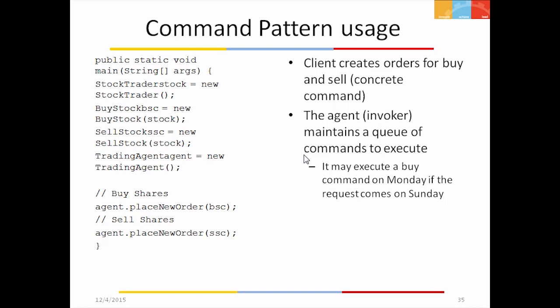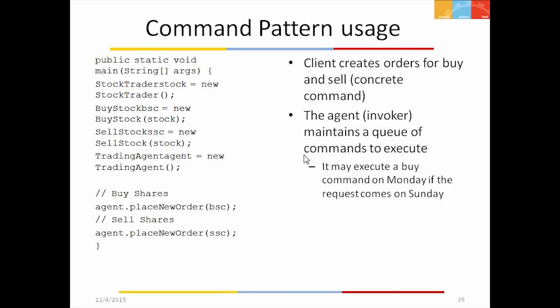You can place a command in the evening, and the trader remembers it and then executes it the next day. Or suppose the request comes on Saturday or Sunday, then this request is kept till Monday, and then on Monday it is executed. The logic that it should be executed on Monday, and that it should store the command till that time, is there with the agent.